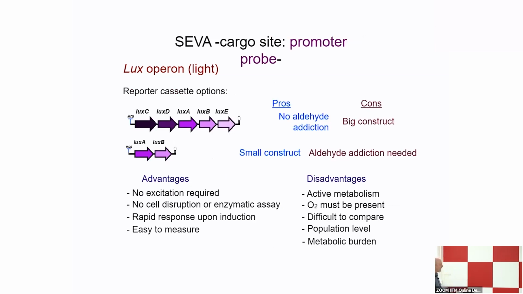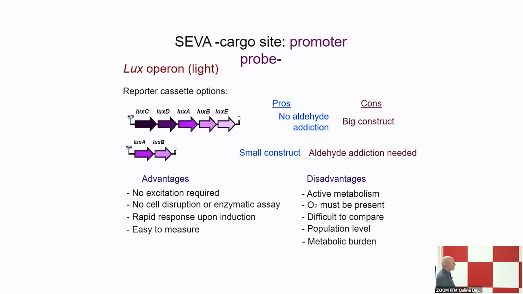So in that case, what we did was to take the genes as they appear naturally and streamline them, making them smaller, either with only 2 genes or with the whole set of genes. But in any case, the advantage of having light emission is that you have a direct visualization of the activity of a given promoter in front of you.